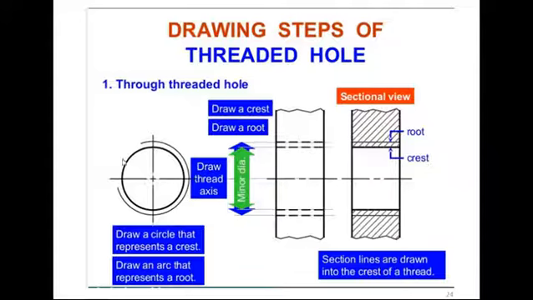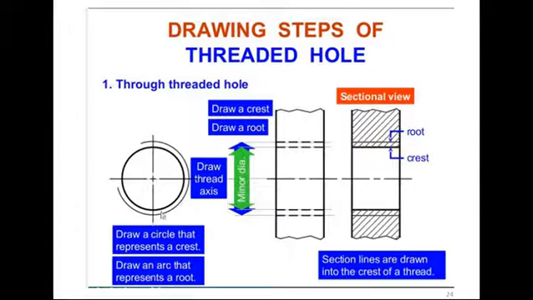When you want to show the convention, or symbols, for this threaded hole, inside the hole we draw a full circle, and that represents the crest. The outside is the root, and that we show as a half arc.